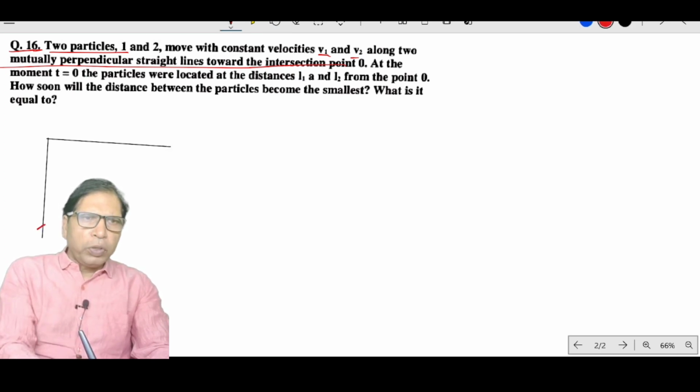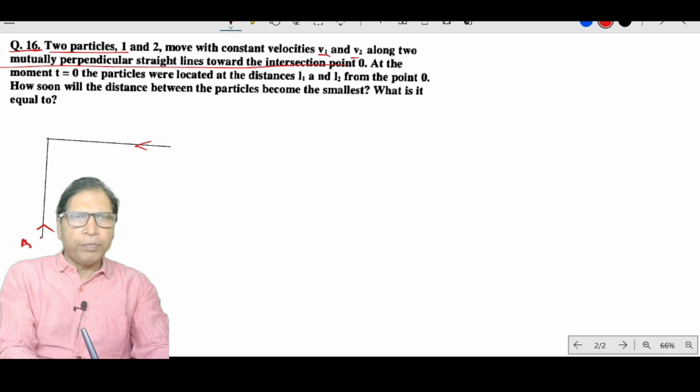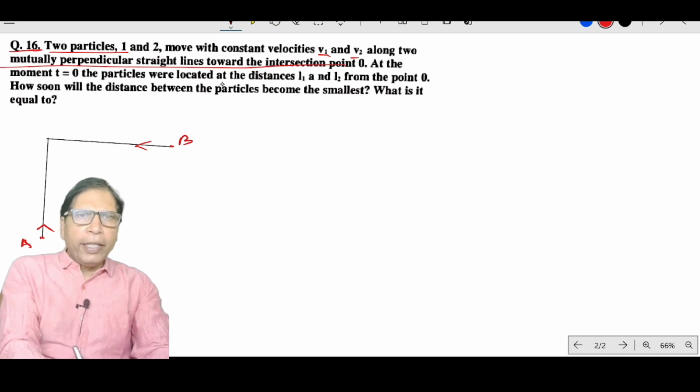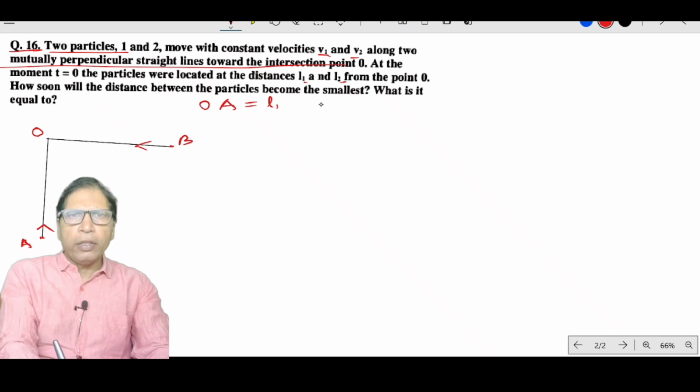One particle moves along this direction and the other moves along this direction. Suppose this is particle A and this is particle B. The particles are located at distances L1 and L2. If this is O, then OA equals L1 and OB equals L2. How soon will the distance between the particles become the smallest?